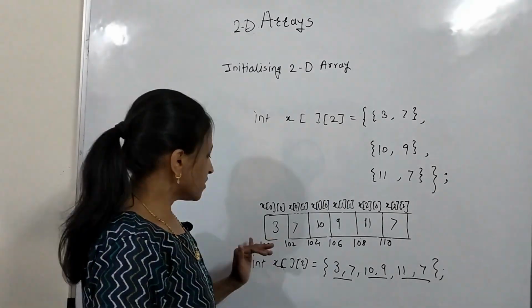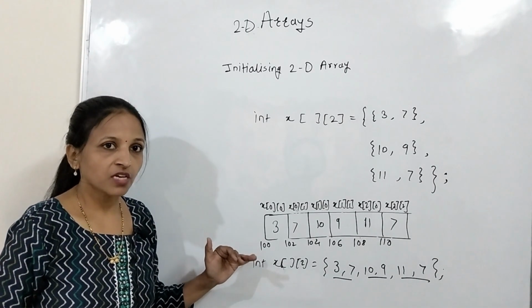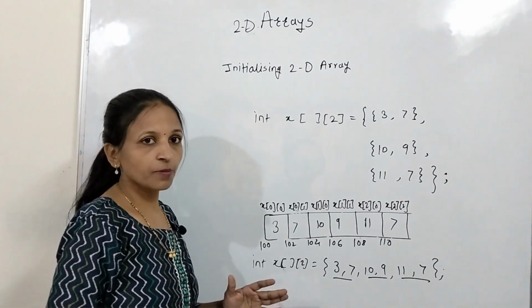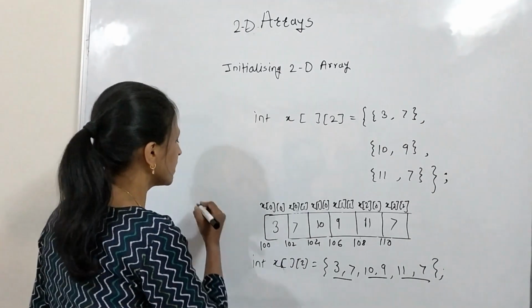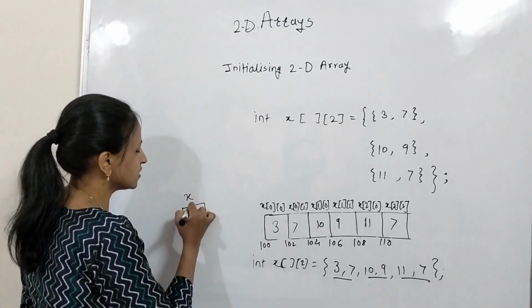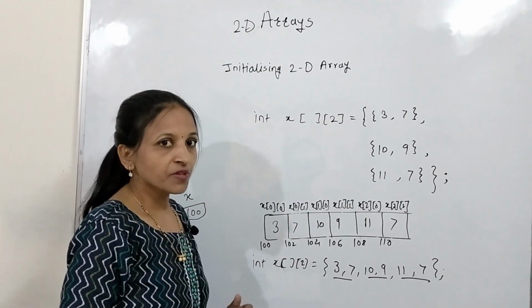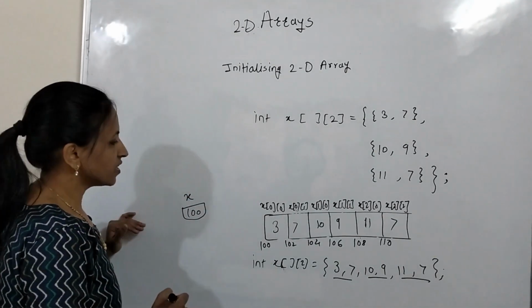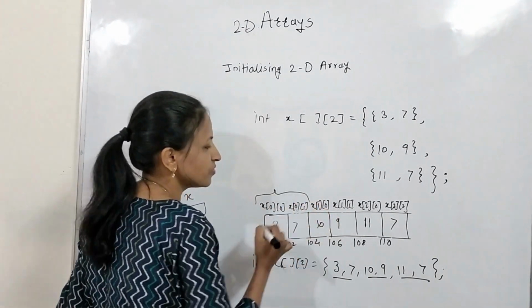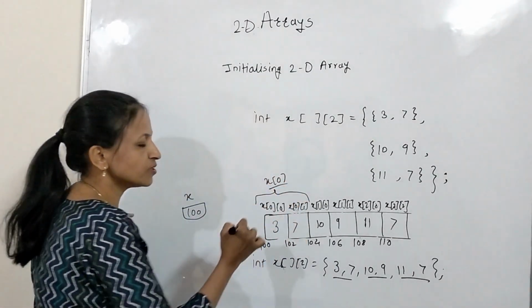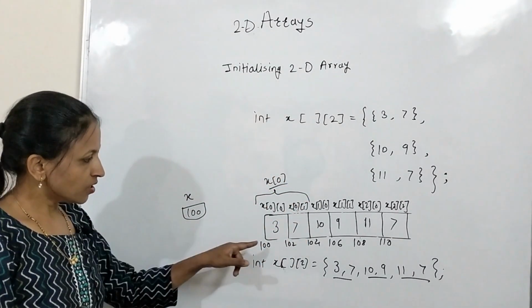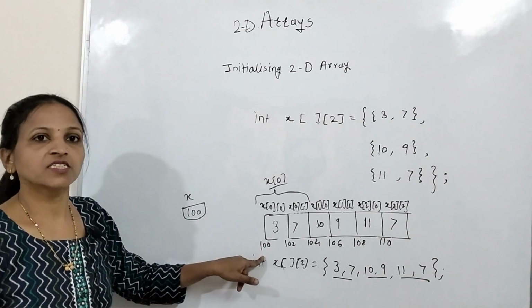Now next point, let us know the address of the first element. See, the address of the first element is always in the name of the array, we have seen. Okay, here the name of the array is x, and x will hold address 100. Again same thing, suppose we are considering the name of this first array, that will be x of 0, and x of 0 will hold the base address of that array, that is 100.